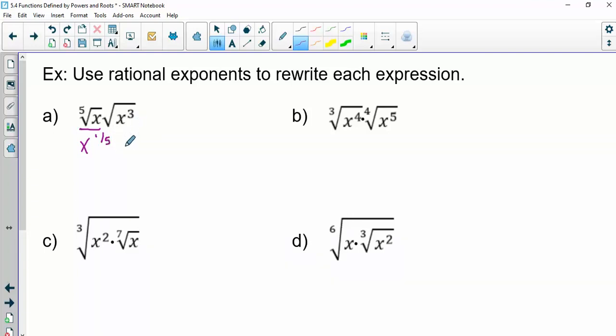This is the square root of x cubed, so that would be x to the 3 halves. When you are multiplying, what do you do with the exponents? Add them. So what's 1/5 plus 3 halves? So this gives us x to the 17 tenths.